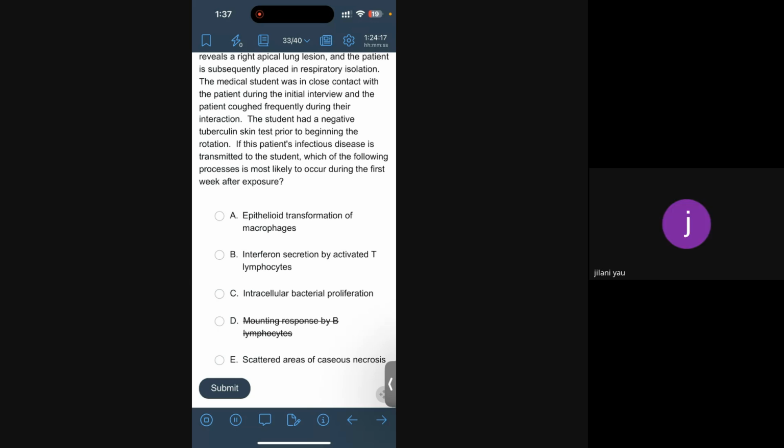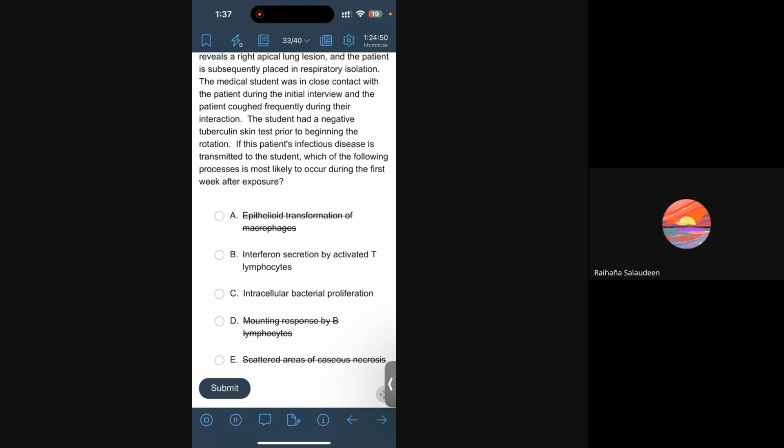Which option will be the last to occur in the TB response? Necrosis is the last one to occur. Before necrosis, you are going to see epithelioid transformation of macrophages.